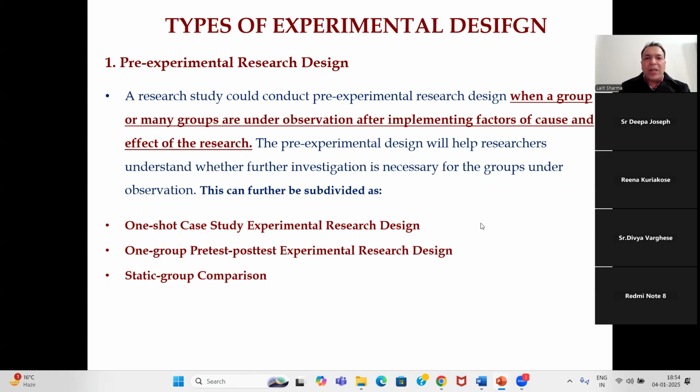A research study could conduct pre-experimental research design when a group or many groups are under observation after implementing factors of a cause and effect of the research.